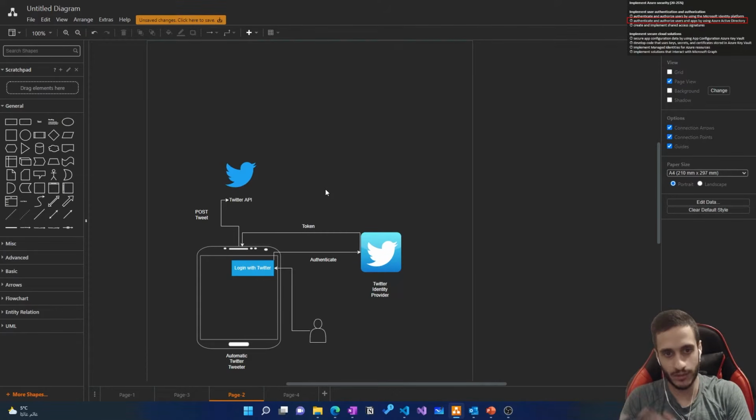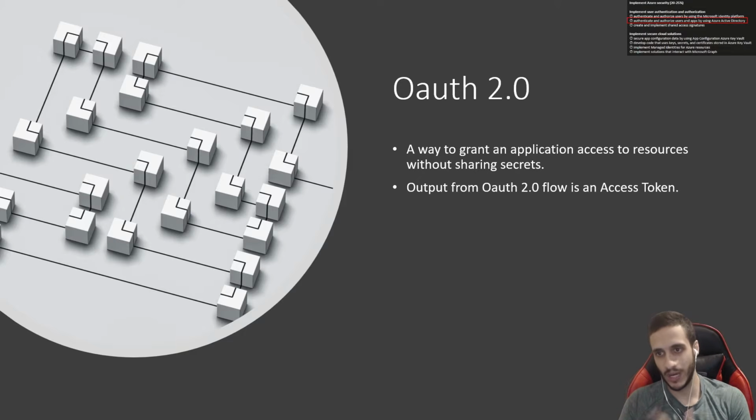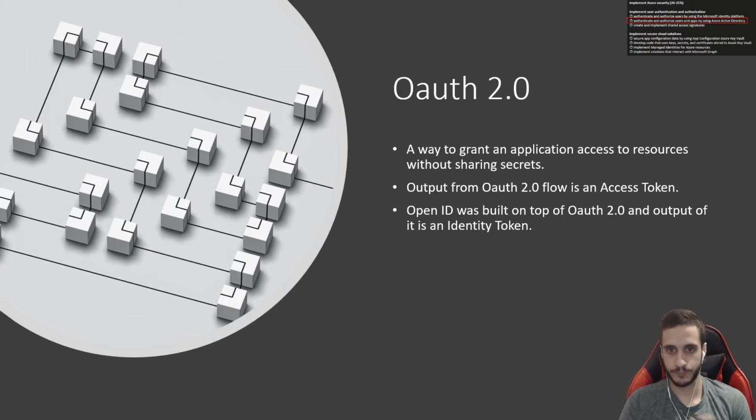But with the ID token, there's also an access token, and that access token is used, for example, to access your friends lists, posts or images, etc. And going back to my slide, the output from an OAuth 2.0 flow is an access token, and OpenID was built on top of OAuth 2.0, and the output of it is an identity token, sometimes called ID token.